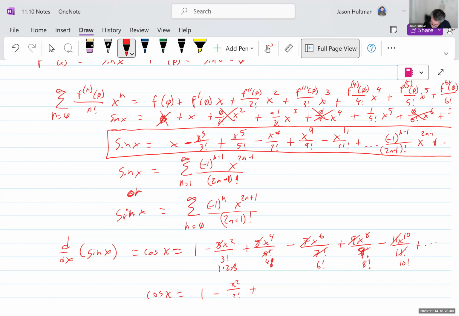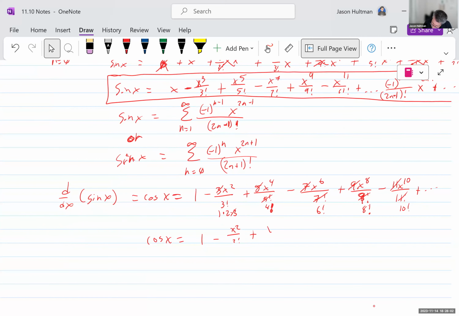It's kind of nice. Okay, so this becomes x to the 4th over 4 factorial, minus x to the 6th over 6 factorial, plus x to the 8th over 8 factorial, minus x to the 10th over 10 factorial, plus dot, dot, dot.